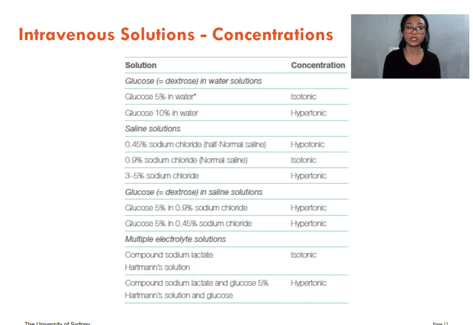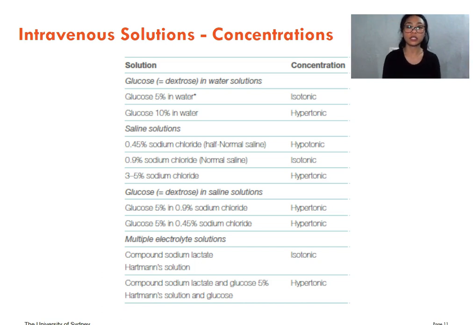So hypotonic solutions cause cells to swell. A hypertonic solution, through having a higher osmotic pressure, draws water out of the cells and into the extracellular fluid. So hypertonic solutions draw water out of the cells. This is why we usually sit most commonly in the isotonic space.